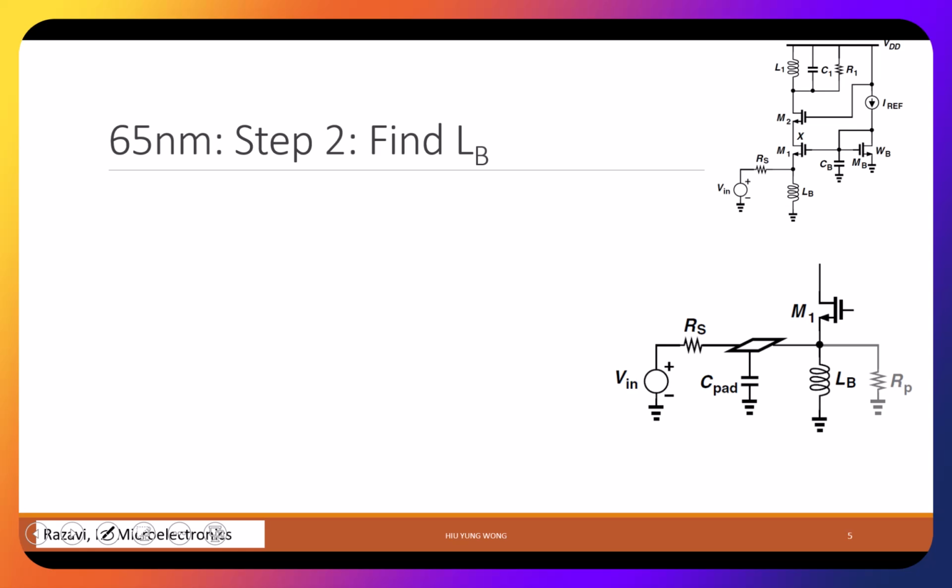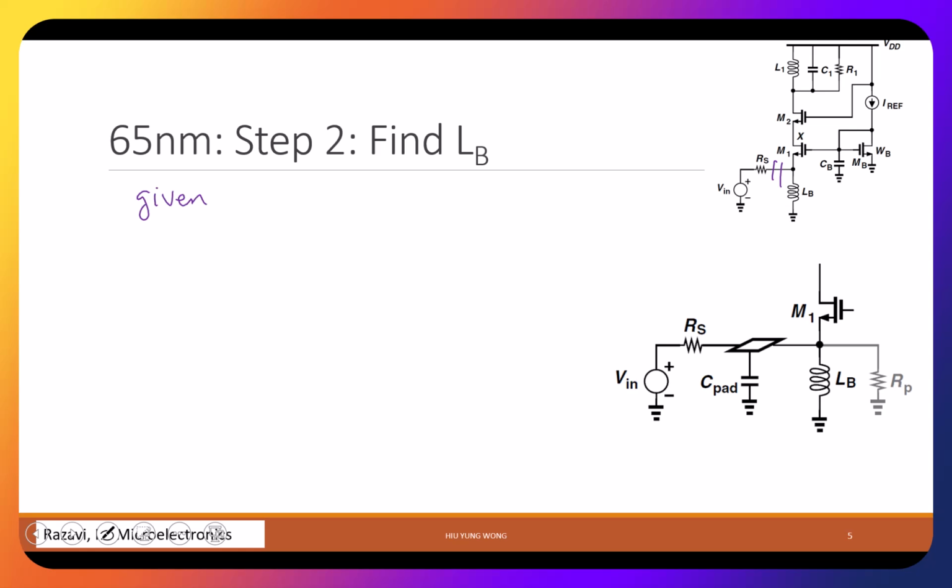This is not correct, right? If you really draw the circuit, there should be a coupling capacitor, right? You cannot connect your input directly to it. Otherwise, you will short it. But as we said last time, your LB is there for biasing, but we also want to resonate it out, right? We have other parasitic capacitors. So here it is just given.